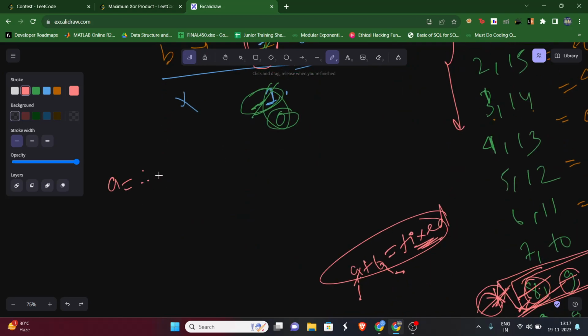I am saying that there were a few bits in both a and b, and here it is 1 and here it is 0. Let's say this is the fourth bit, that means the fourth bit value will be 2 to the power 3, right? Because the first value is 2 to the power 0, 2 to the power 1, 2 to the power 2, 2 to the power 3. So the fourth bit value will be 2 to the power 3.